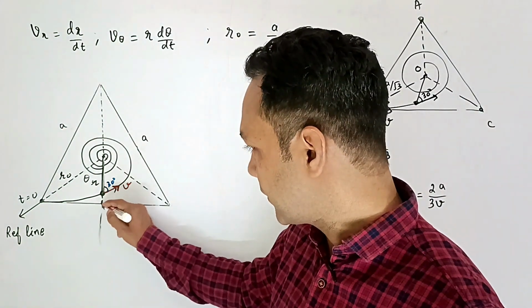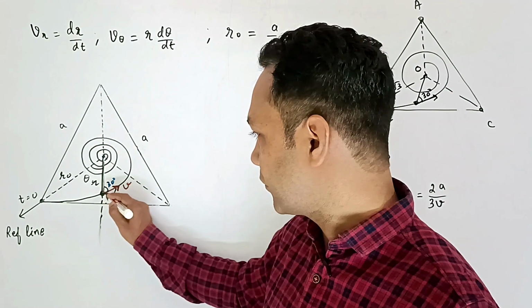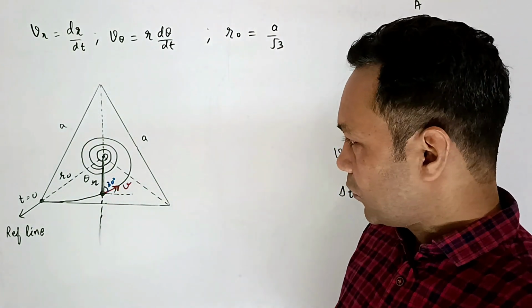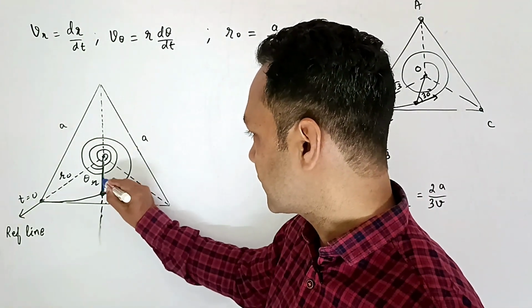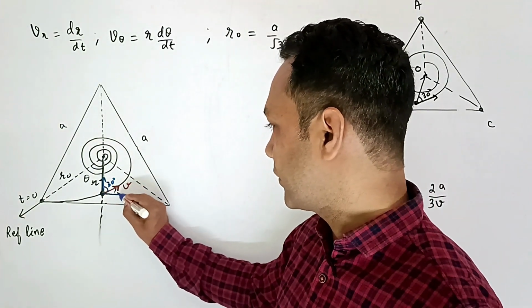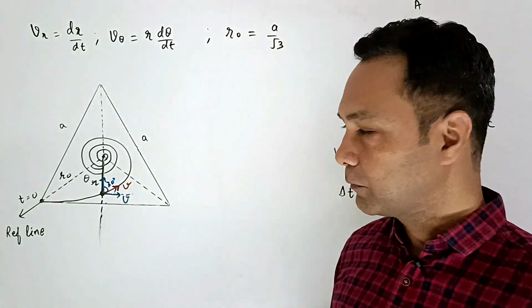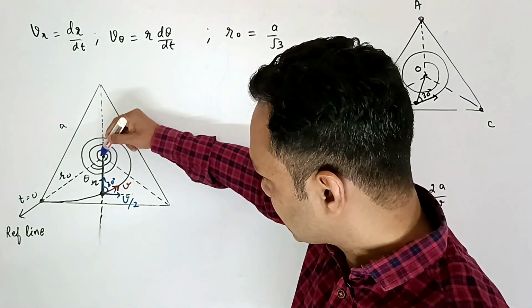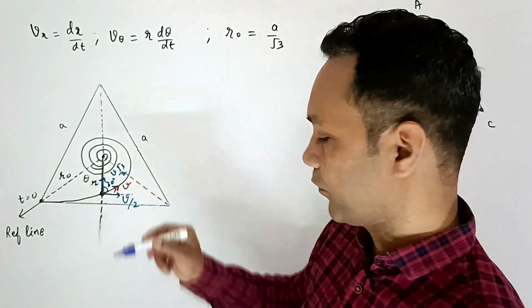So this is my radial direction, and this direction is perpendicular to the radial direction, in the increasing direction of theta. So there are two components of V, one component is this and one component is this. This component is V sin 30, V by 2, and this component towards the origin is V root 3 by 2.